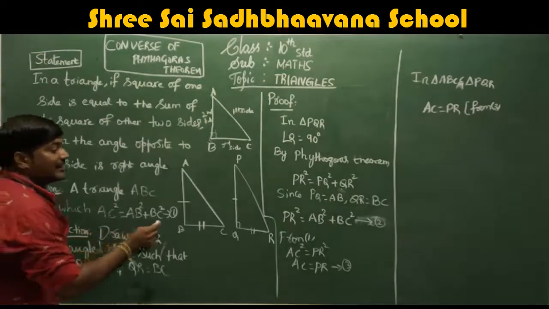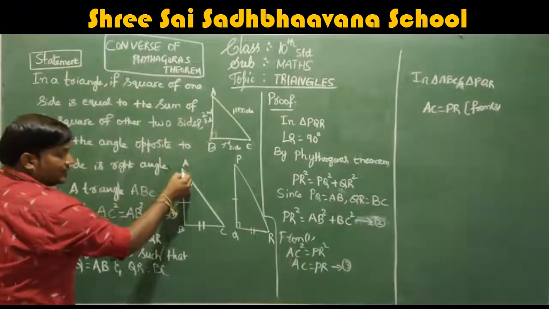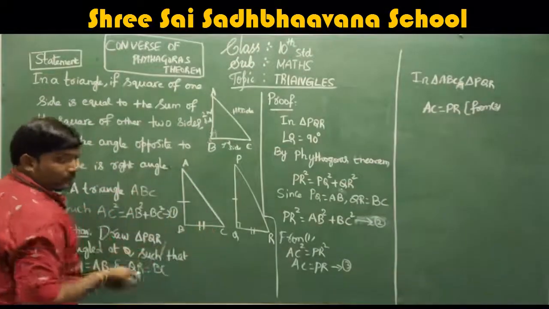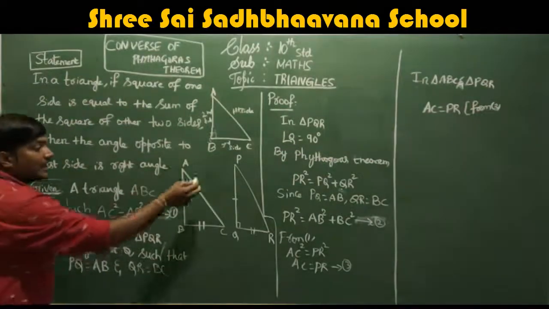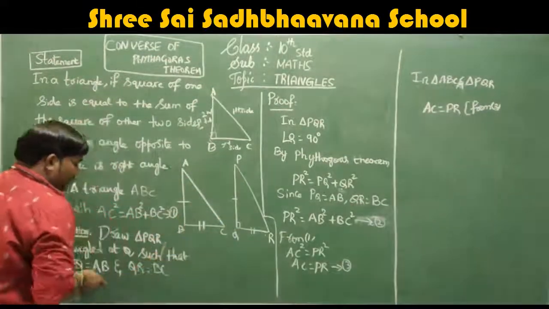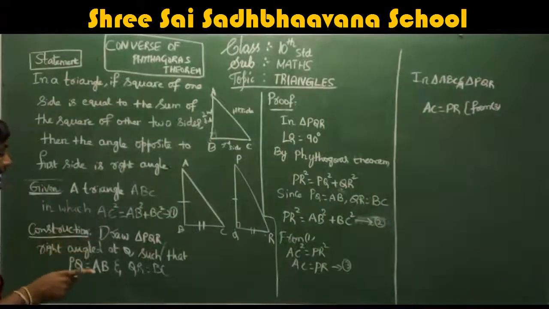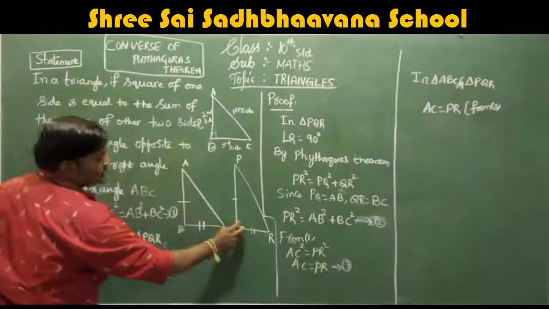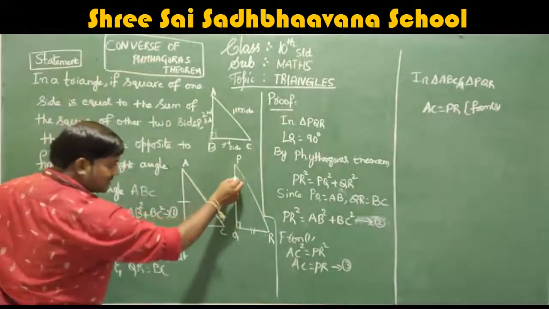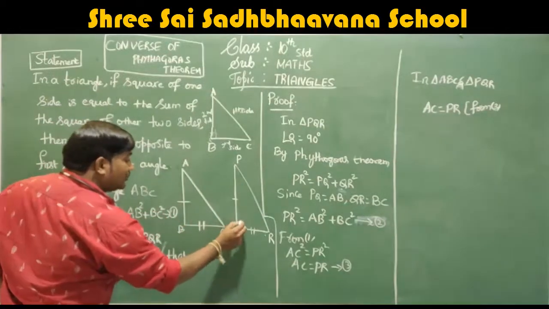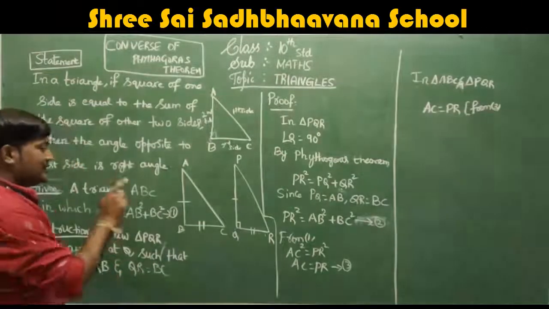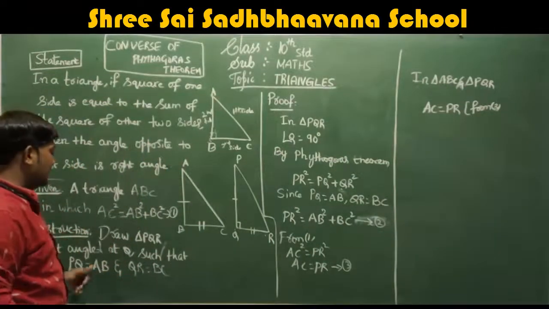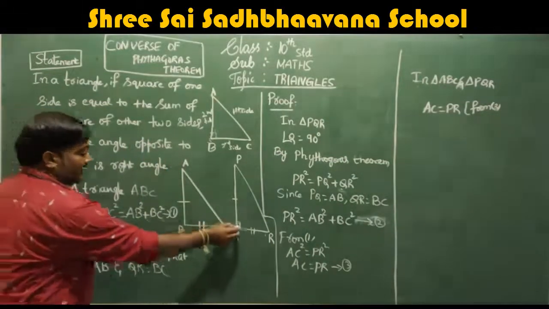What are we constructing? We already have triangle ABC here. We are drawing one more triangle PQR, and this triangle is right angled at Q. We are constructing it in such a way that PQR is a triangle and it is right angled at Q, which means this is one right angle.